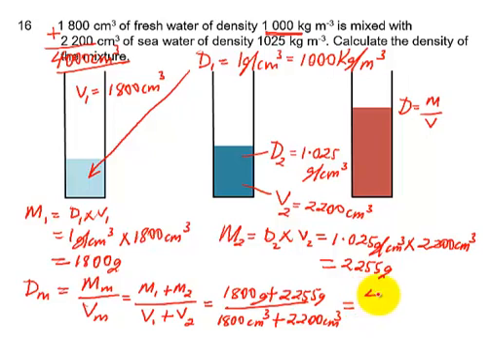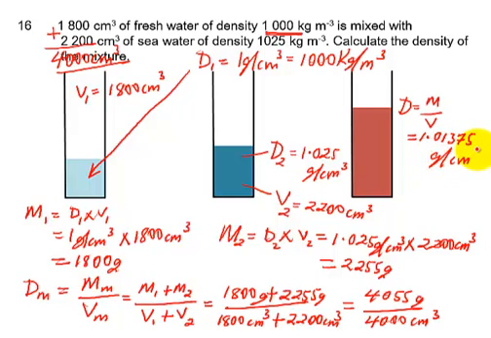And this gives us 4,055 grams divided by 4,000 centimeters cubed. So the density of the mixture is 1.01375, and the units are grams per centimeters cubed.